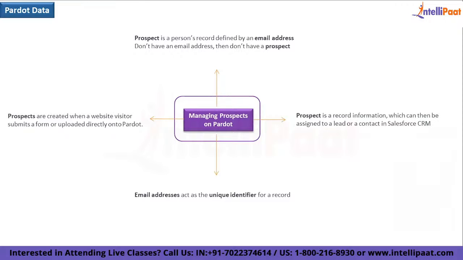Why? Because they allow multiple prospects to be created with the same email address, and that's why they are pushing the email address as a secondary key and giving the CRM ID as the primary identifier. We'll talk about that a little later.